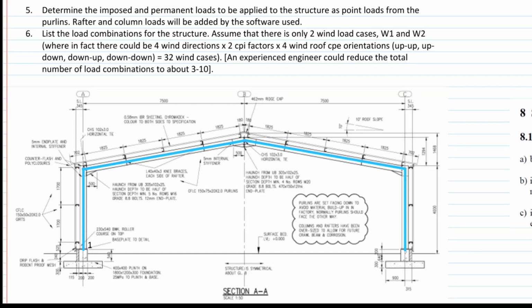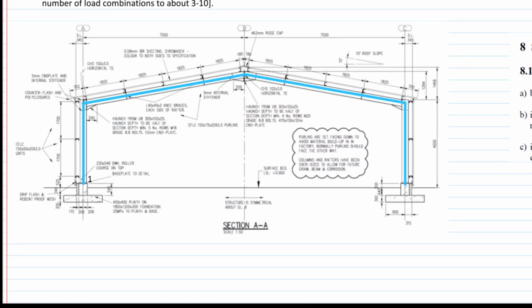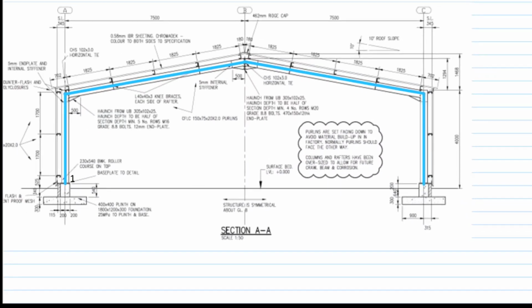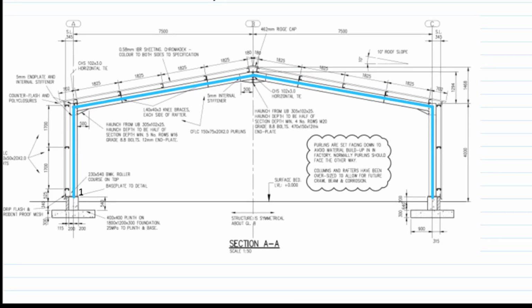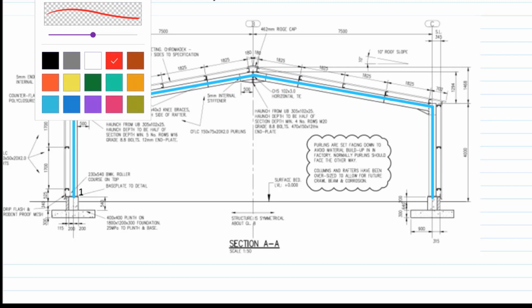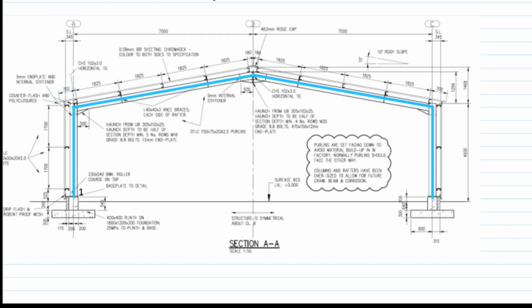But here's a cross-section through our structure. So it is a typical portal framed building, and we want to now analyze the structure and break it down into a model we can feed into a finite element program. Now we need to apply loads at different positions, so we've got to break it down into a bunch of nodes.